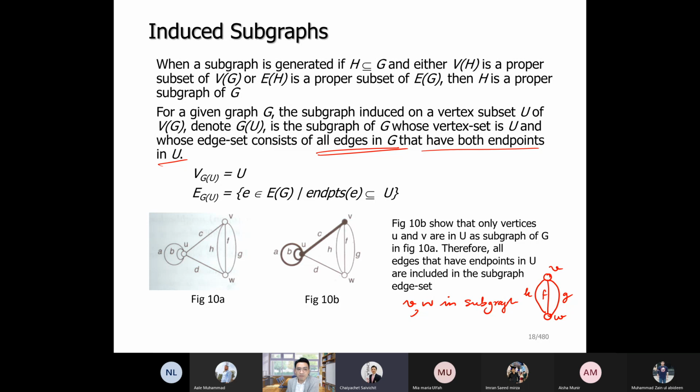So an induced subgraph must include all edges in G that have both endpoints in U. So now we have all the edges that appear in the original graph in the induced subgraph here, because we have all the vertices U, V, W of the original graph. Okay, so this is the induced subgraph.